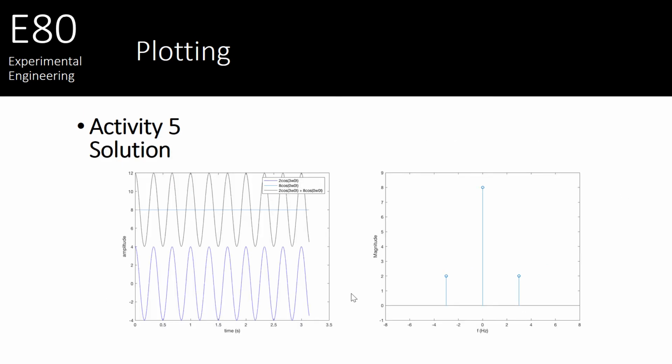This is our solution. To start with, let's take this pair of stems, which, if you recall, represent e to the negative 3t and e to the positive 3t. Now they're each being scaled by 2. In this case, they map to this lower sinusoid, which goes up and down around 0 from 4 to negative 4.